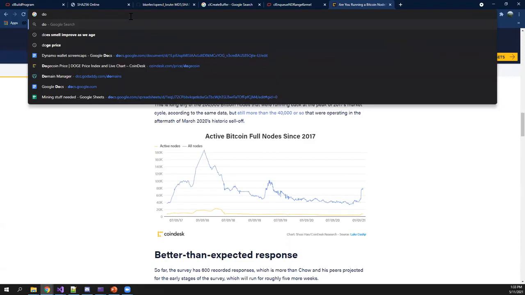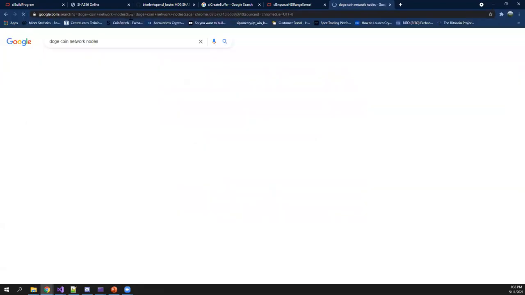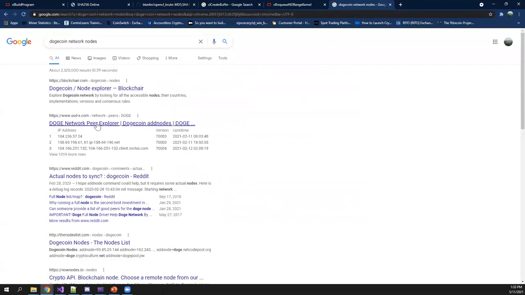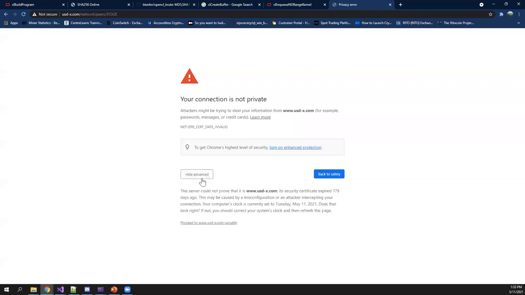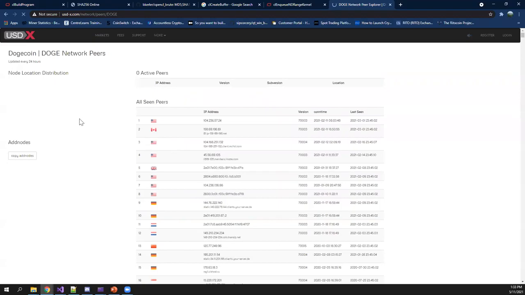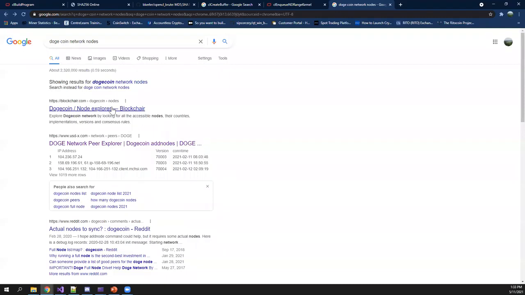Dogecoin. Let's see how many nodes they've got. Pure Explorer. No, that's just a list of nodes. Let's see if they have a number.